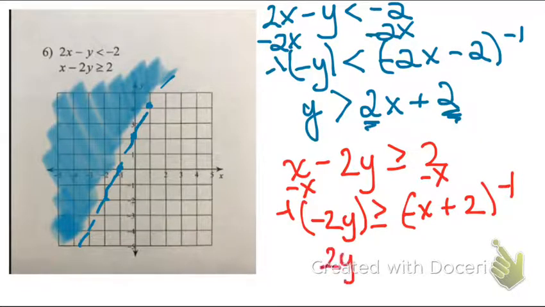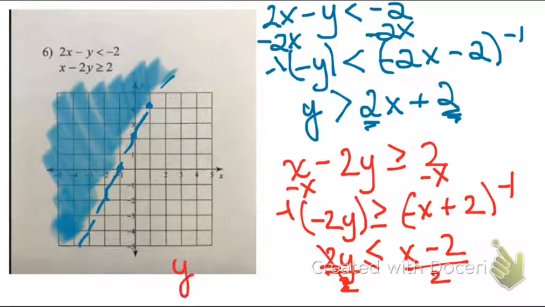So I have 2y less than or equal to x minus 2. I'm going to divide both sides by 2 because I want to isolate the y. Those reduce and I get y, I'm going to write it over here, is less than or equal to 1/2 x minus 1. Okay.